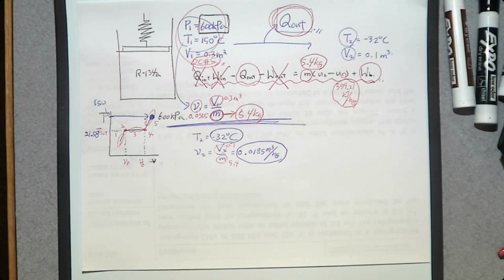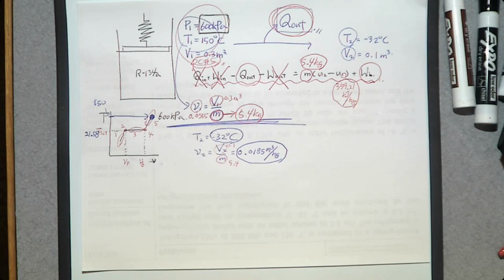So let's find U2. How can you determine U2? Do we go to a random table? No. You need to determine its phase change process. How can you determine it? By using another property diagram. What kind of property diagram are we going to use? TV again?